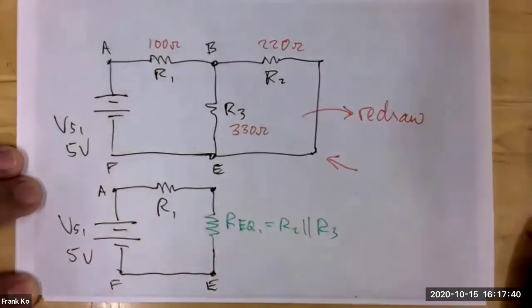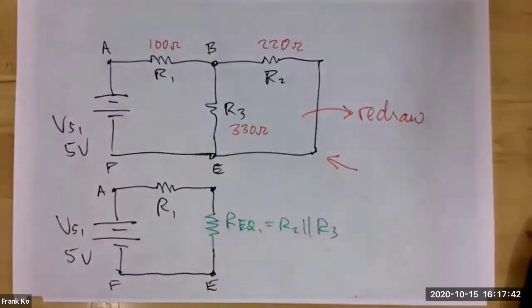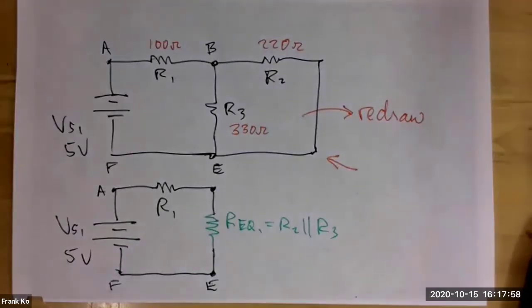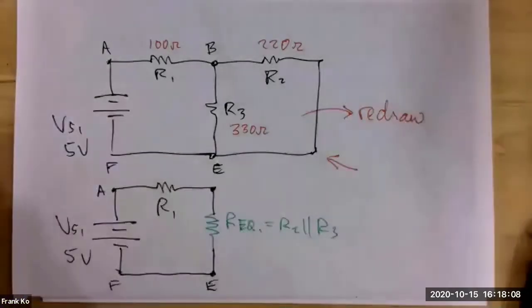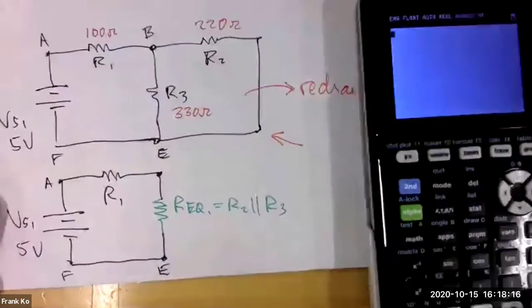So let's go ahead, pull out our calculators and make this calculation. Let me grab a calculator. And so 220 and 330 combined in parallel. Wei-Ji, what does that calculate to be? 220 reciprocal plus 330 reciprocal, and then reciprocal the sums.